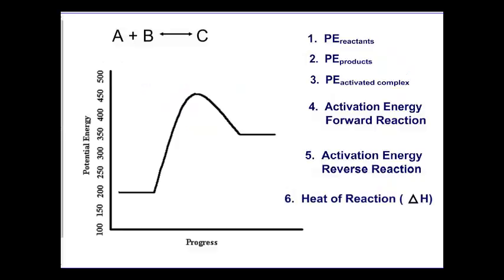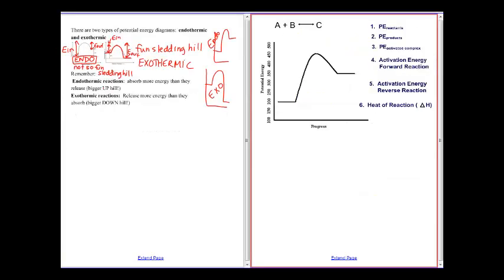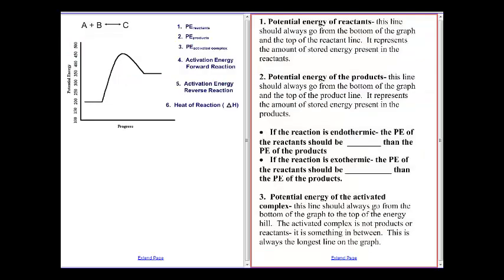All right. There are 6 things that you have to be able to label on your potential energy diagrams. And I have descriptions of those things on the next page of your notes. Okay? 3 of these, if you notice, the first 3 are all potential energies. So the first thing is the potential energy of the reactants.